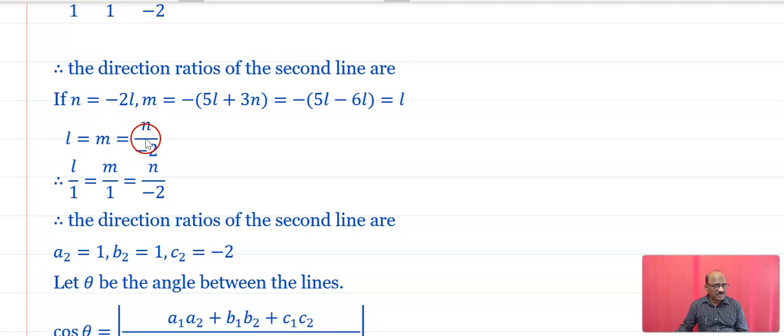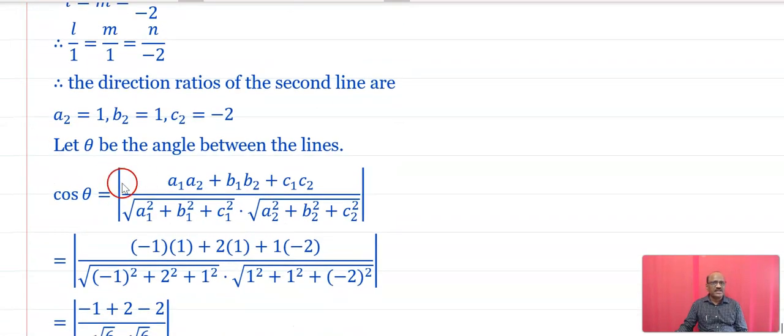So l, m, n: n is replaced by n upon minus 2. And therefore we have l upon 1, m upon 1, equals n upon minus 2. Here we have a2 equals 1, b2 equals 1, and c2 equals minus 2.